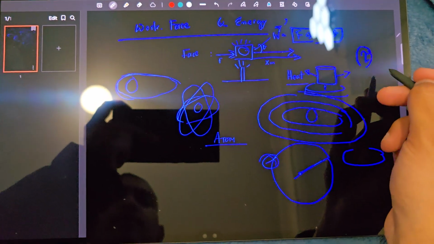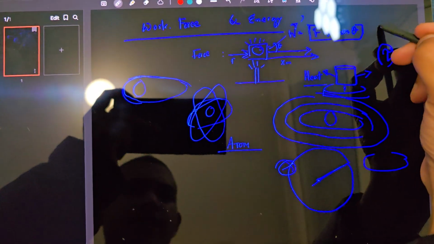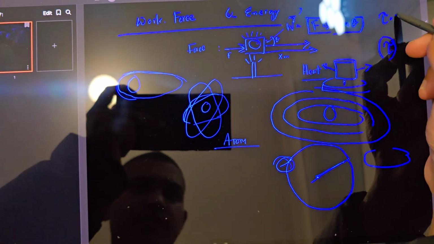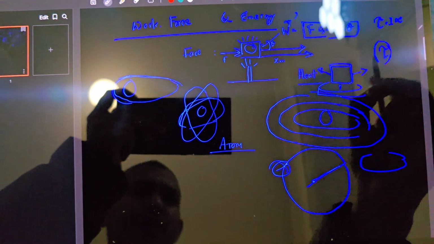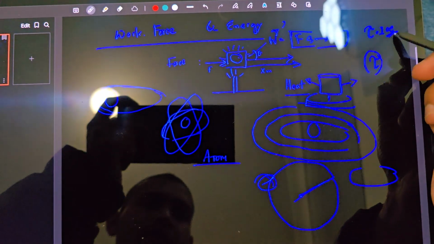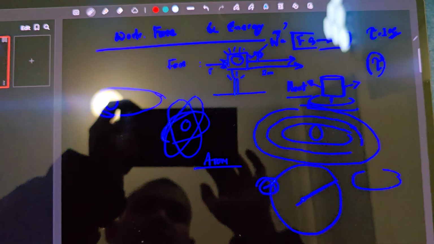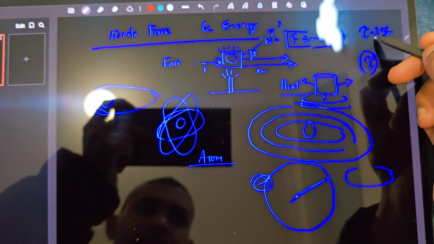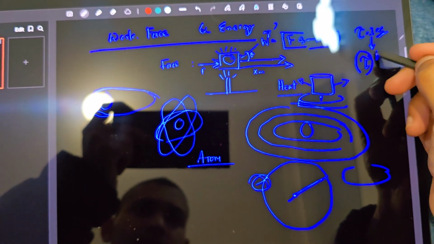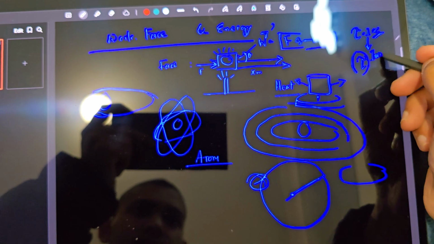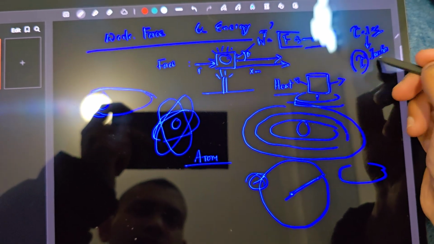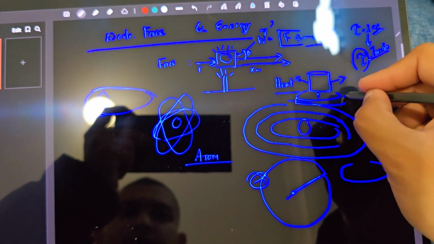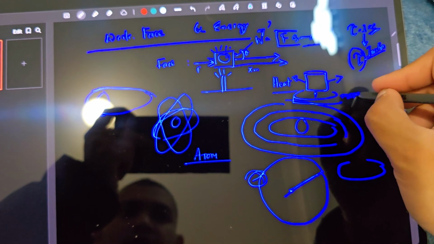We normally say tau equals I alpha. Alpha is the angular acceleration in circular motion, and I is the inertia of the material, which is the same as mass in the normal linear system.